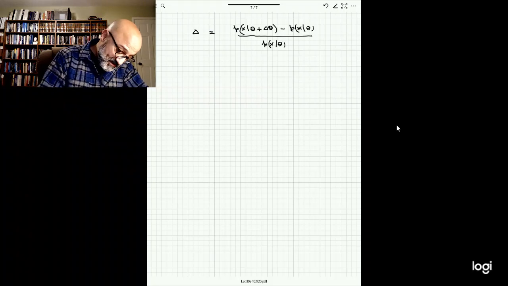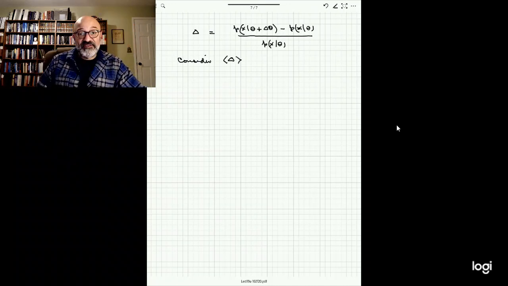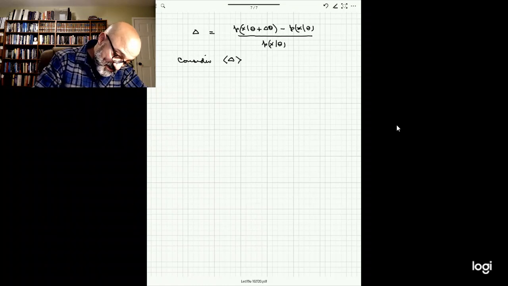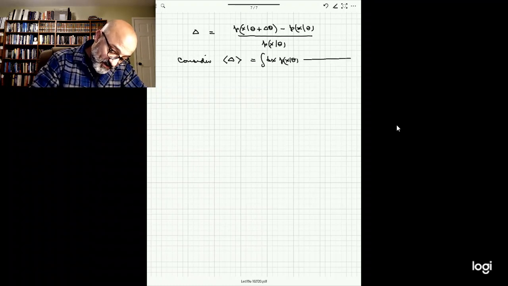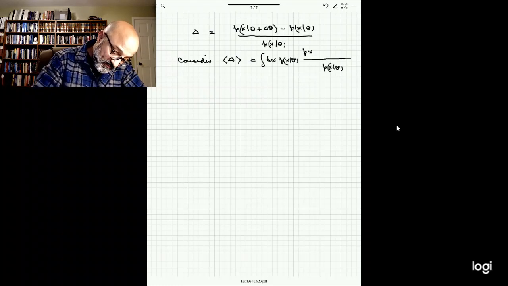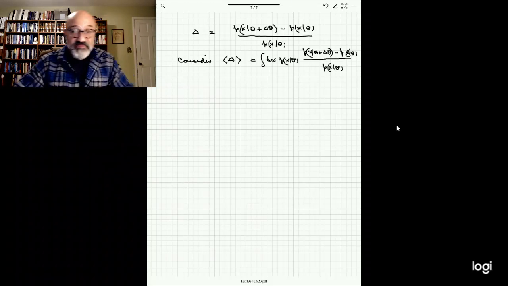Consider the expected value of that quantity. Now, what is that expected value? We're going to do dx, we're going to do p(x|theta) to compute the expected value. And now we do the relative difference minus p(x|theta). Very good.